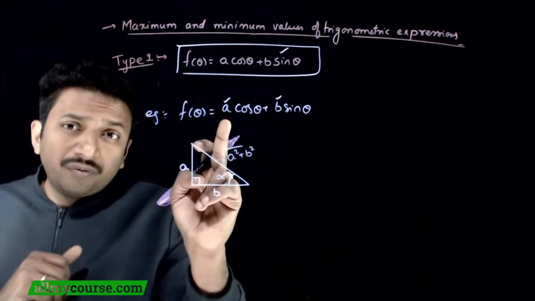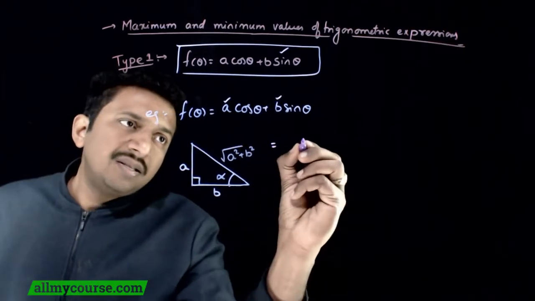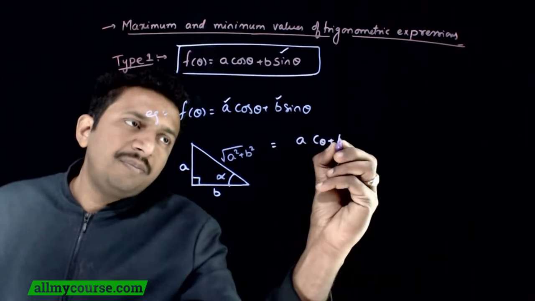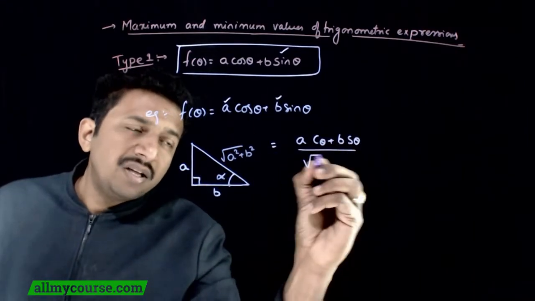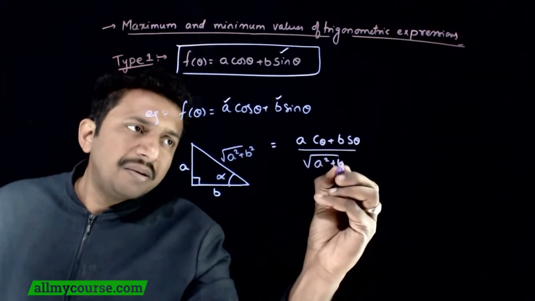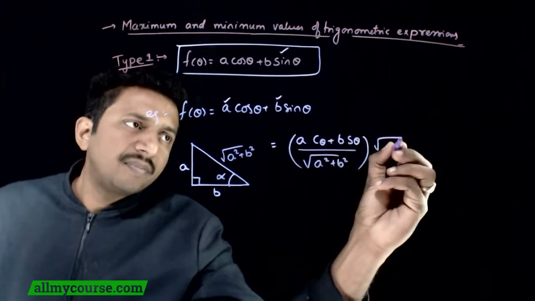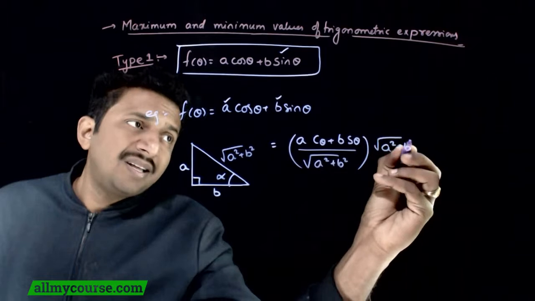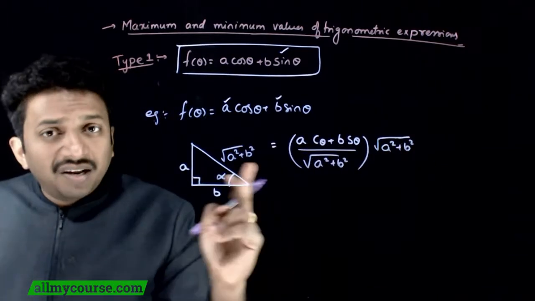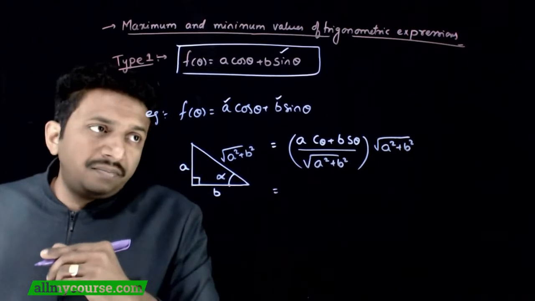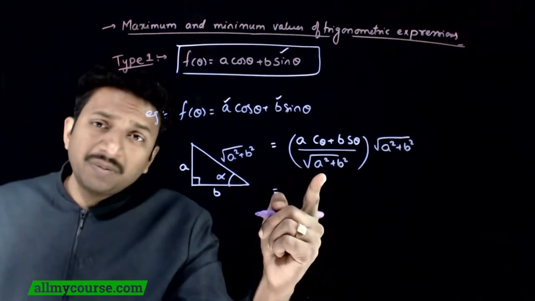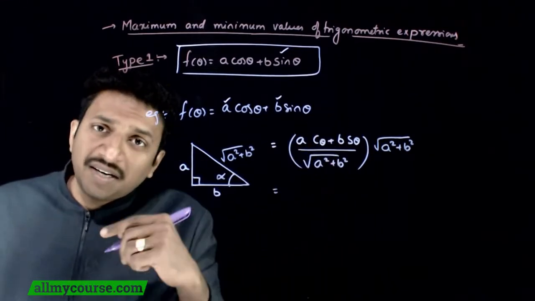So now for the expression a cos theta plus b sin theta, I'll multiply and divide the expression with root of a square plus b square. Let us see what simplification you get. This root of a square plus b square belongs to the first term as well as the second term.